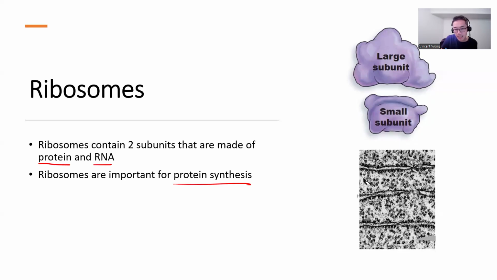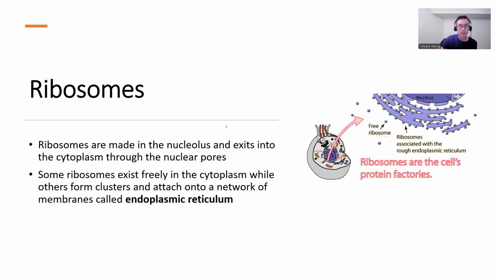In this picture, you can see these are like free ribosomes. And then there are some that are attached to the ER, which makes them rough ER. I'm just going to read this to you.